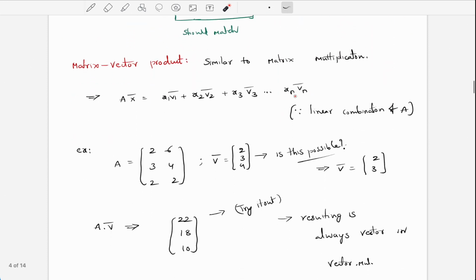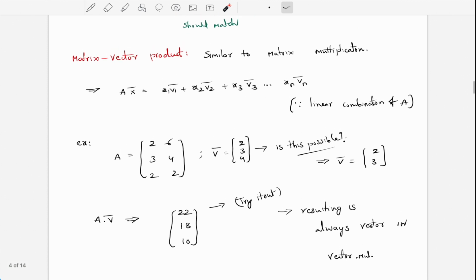And then we have something known as the matrix vector product. We have seen addition kind of stuff, but we didn't see the multiplication. It's just similar to matrix multiplication. There we had both matrices, but here we have a vector and a matrix. That's it. Here we have a strange formula, but it is nothing else.